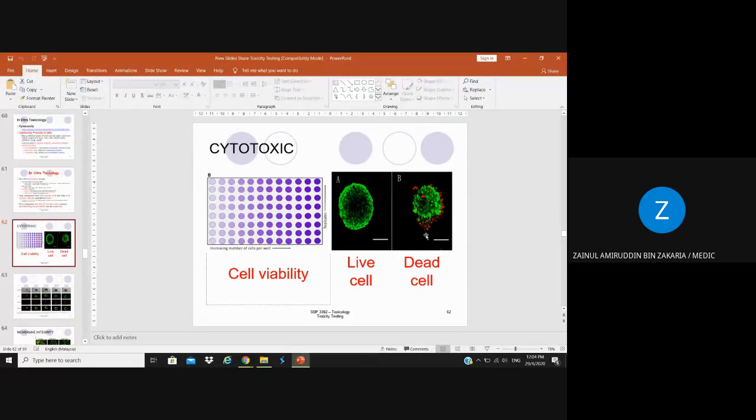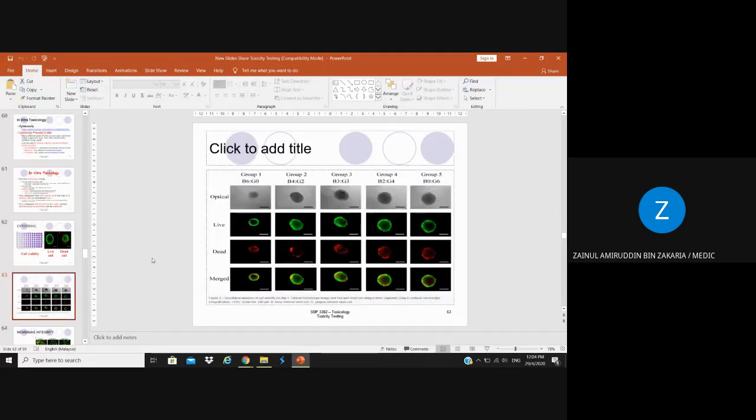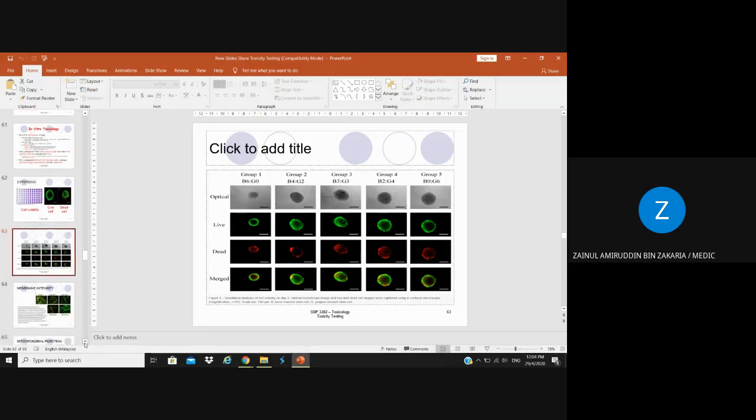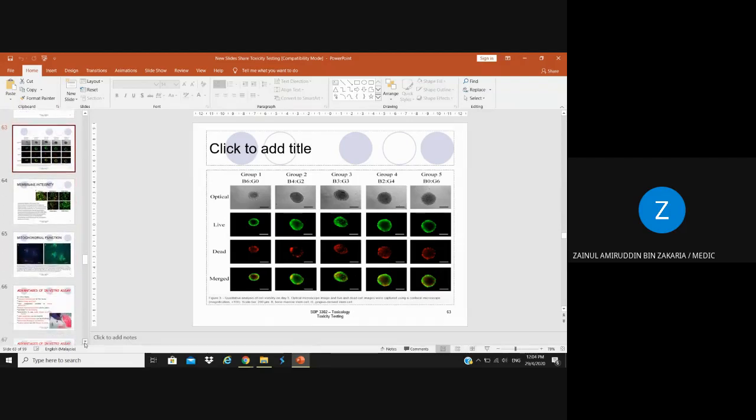This is an example of that cell. And then another picture to show you changes that occur. You can look under a light microscope and under a fluorescent microscope. Quite interesting study in vitro.